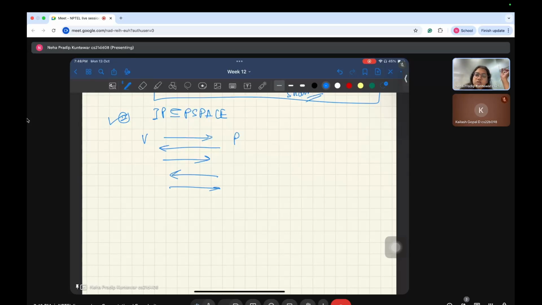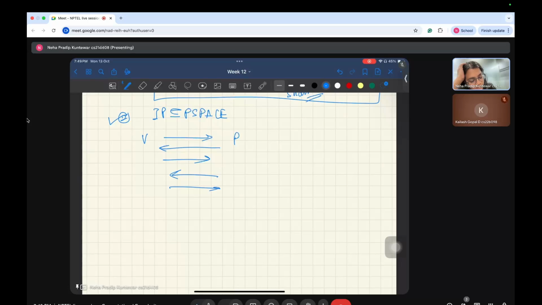To show that IP is contained in PSPACE, we need to show that any language in IP can be simulated by a deterministic Turing machine using polynomial space. So for any interactive proof, we want to simulate all of this using PSPACE.